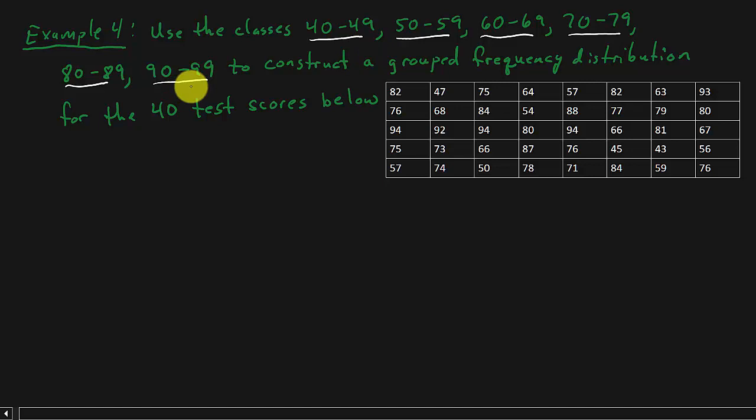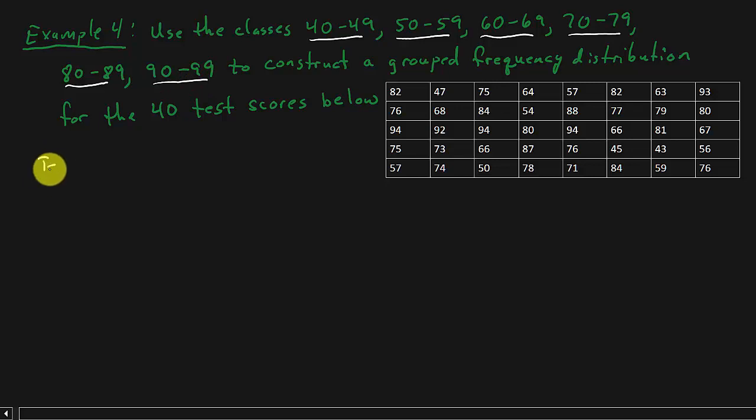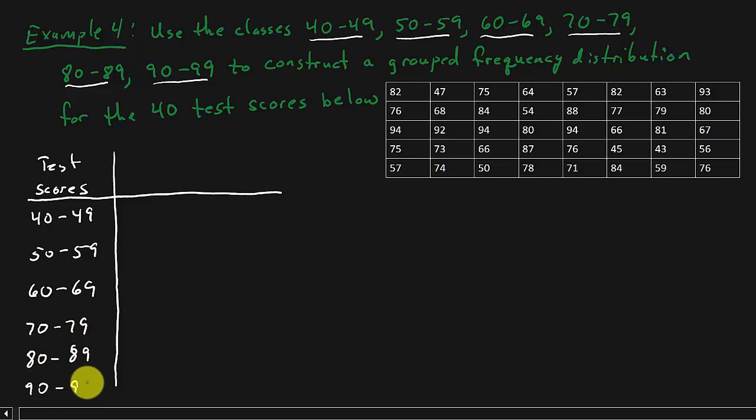And so if we come over here, we set up our table. So we've got test scores, and we've got 40 to 49, 50 to 59, 60 to 69, 70 to 79, 80 to 89, and 90 to 99.